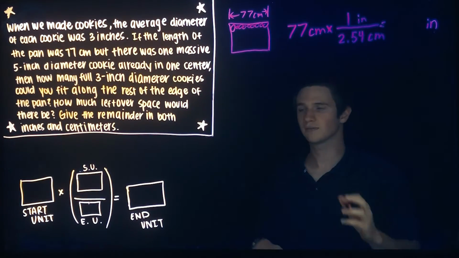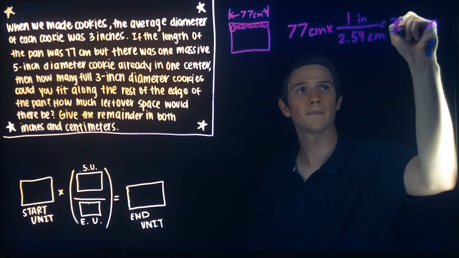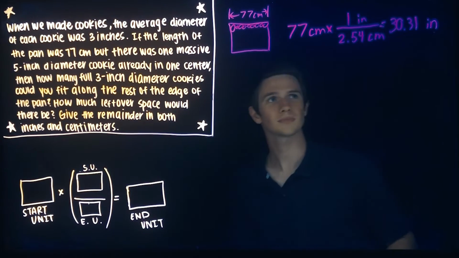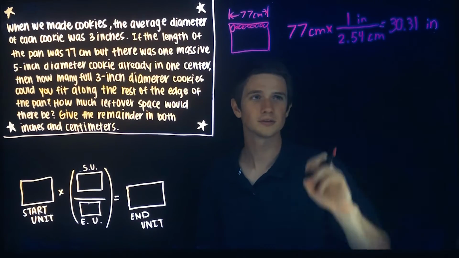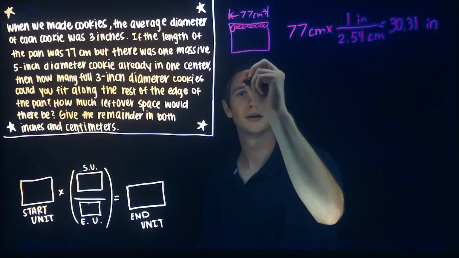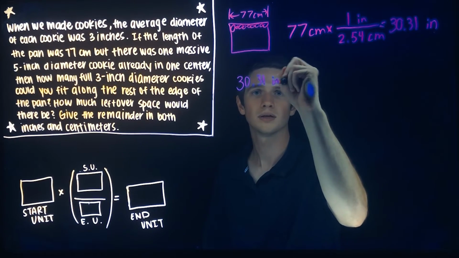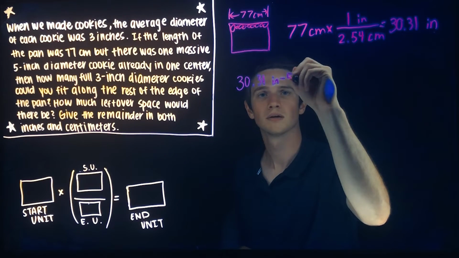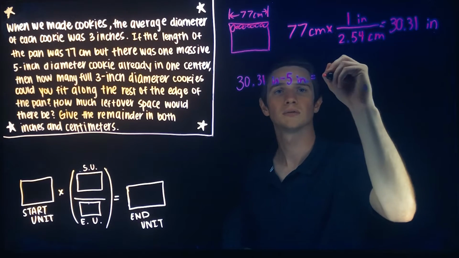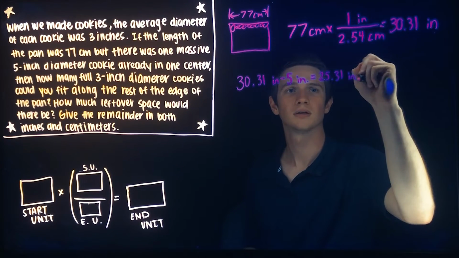And when we divide 77 by 2.54, we get 30.31 inches. Now we're not done yet. First, from that length, we have to subtract our 5-inch cookie. So 30.31 inches minus 5 inches equals 25.31 inches.